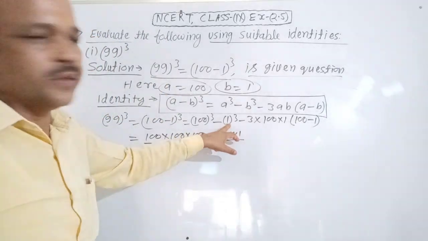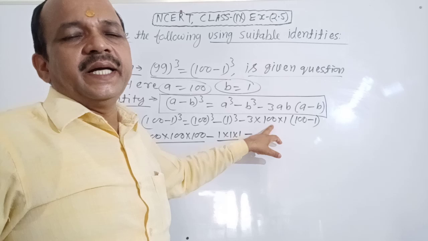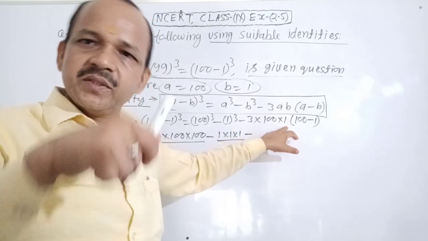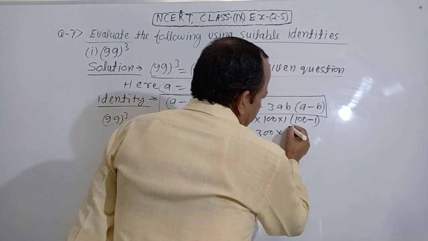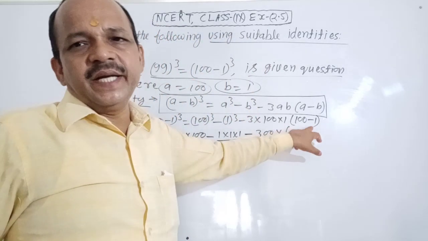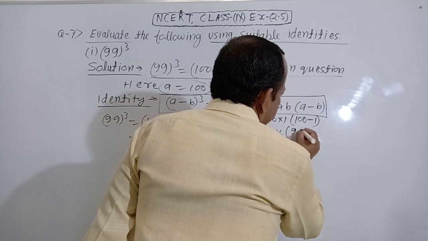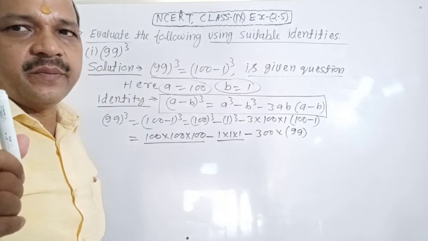Then 3 multiply 100 becomes 300, multiply 1 becomes 300, multiply here 100 minus 1 becomes 99. It is clear? No confusion about it?